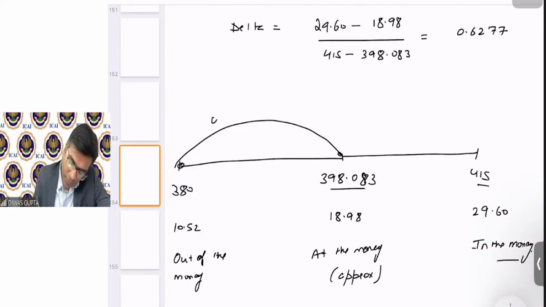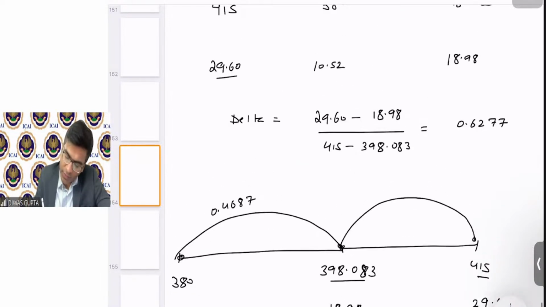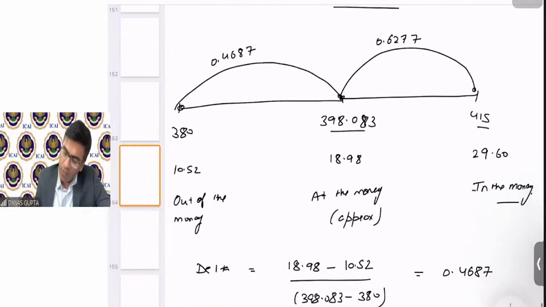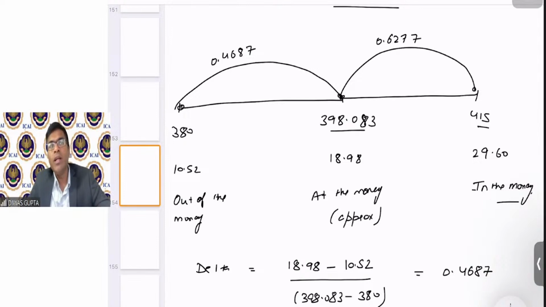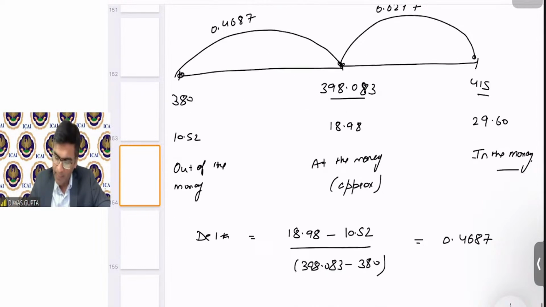And we have already calculated this one: 29.6 minus 18.98 over the difference, which is 0.6277. So the delta is actually the change in the value of an option compared to the change in the value of the spot price. Simple.